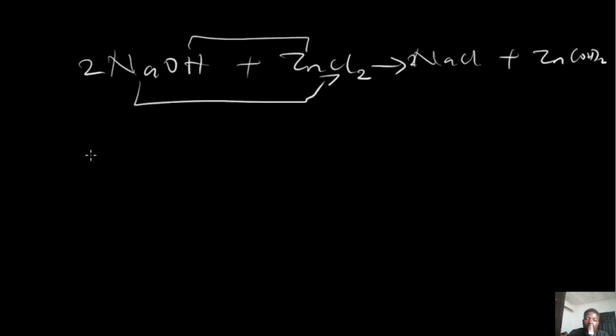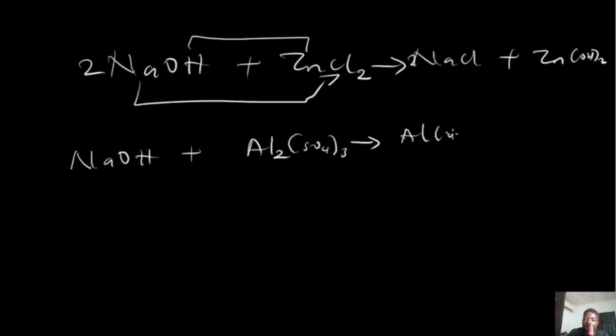Let's say you want to produce something like aluminium hydroxide. You have to react sodium hydroxide with an aluminium salt, so Al2(SO4)3. If you do this, you are going to have Al(OH)3 produced plus sodium sulfate.